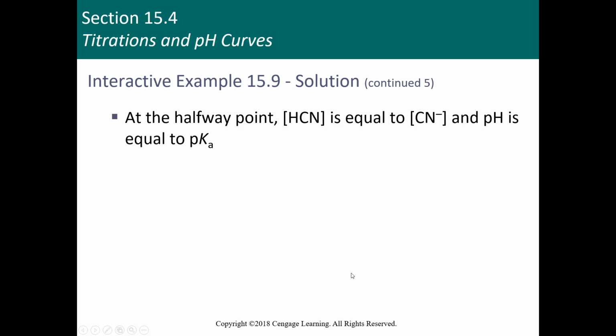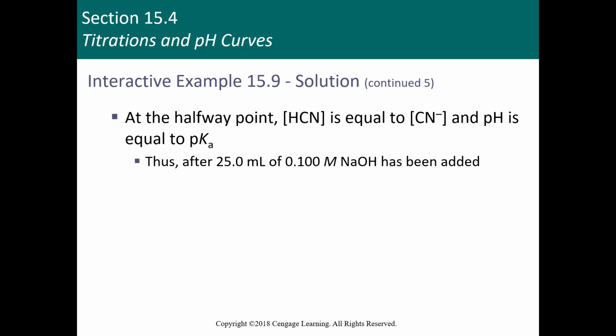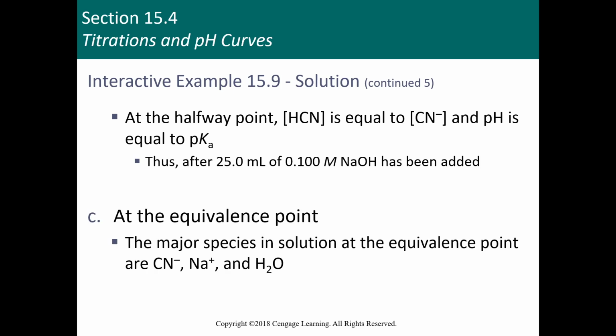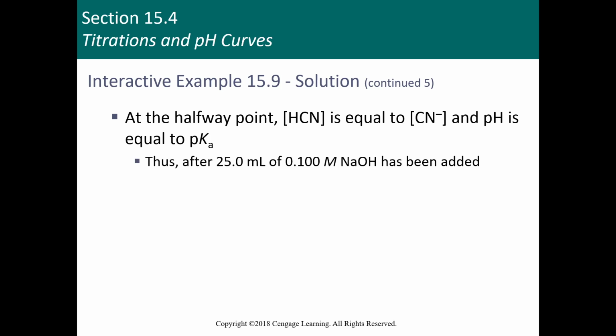Okay, so at your halfway point, the HCN is going to be equal to the CN minus, and the pH is going to be equal to your pKa. Because the amount of base is going to be equal to the amount of acid. You may remember from the Henderson-Hasselbalch equation, when the amount of base is equal to the amount of acid, the Henderson-Hasselbalch equation says your pH equals pKa, doesn't it?